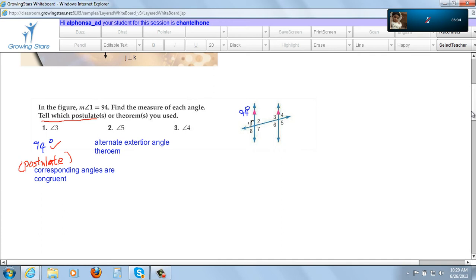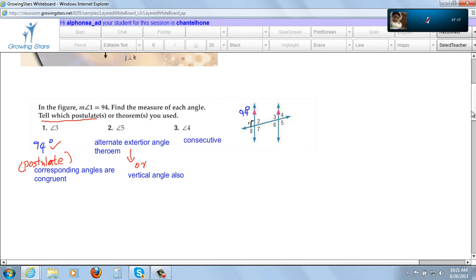Now angle 4. Would angle 3 be consecutive exterior?